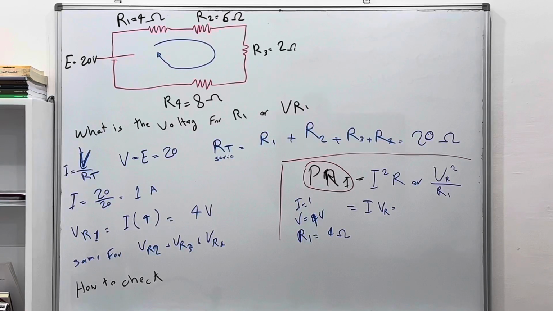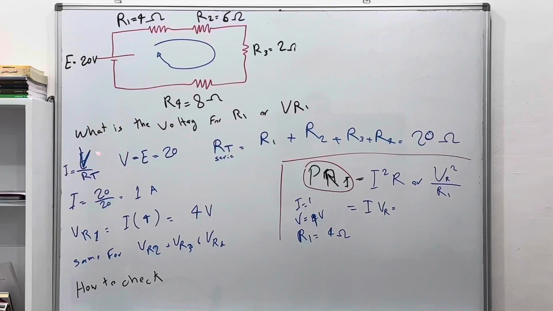In this case, we don't know the current going through R1. We know the resistance for R1. So first we need to find the I common, or I total, the I going through all these resistances. How can we find it?